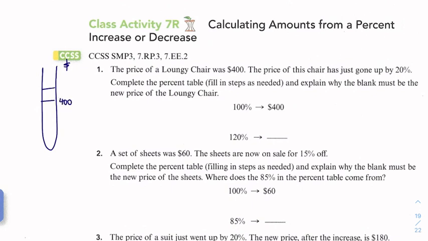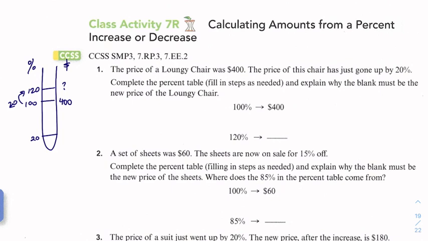And the question is, how much is the loungy chair now? So if it was $400, that was our original price, and that was 100%. And it went up by 20%, so we would end up at 120%. And we want to know what that blank is, or what is the new price of the loungy chair. Well, let's see, we need 20%.